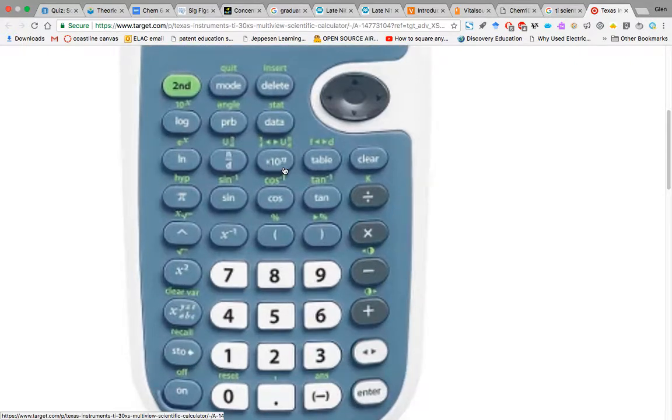Let me make it bigger. That's times 10 to the power of. It says times 10 box. Times 10 box. If your calculator has this button, this is your EE key, all right? So you would type 4.7192, times 10 box, 2.